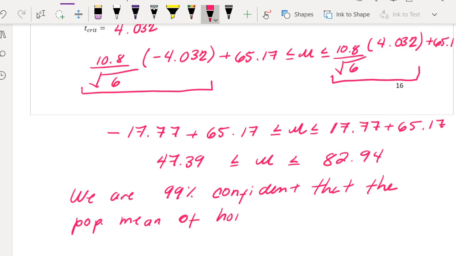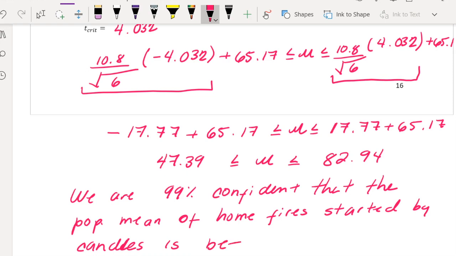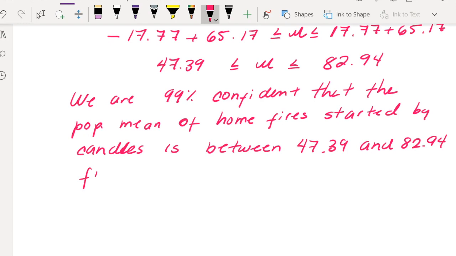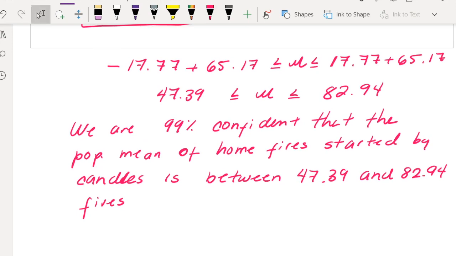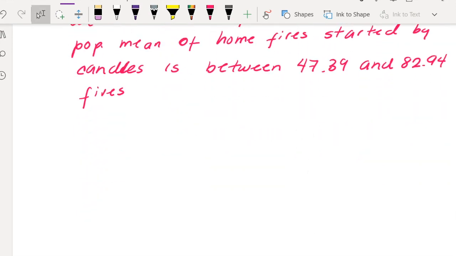Yeah, home fires started by candles is between 47.39 and 82.94 fires, I believe the unit. That's a lot of fires. Just don't use candles. I think this is the last problem for chapter 11. I will be working on the next video.